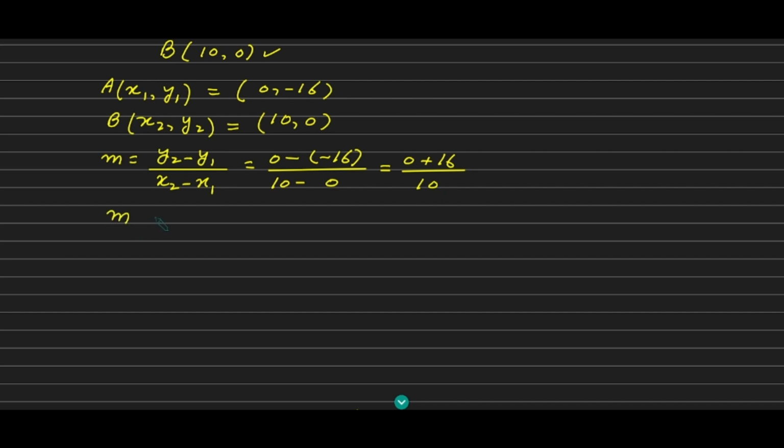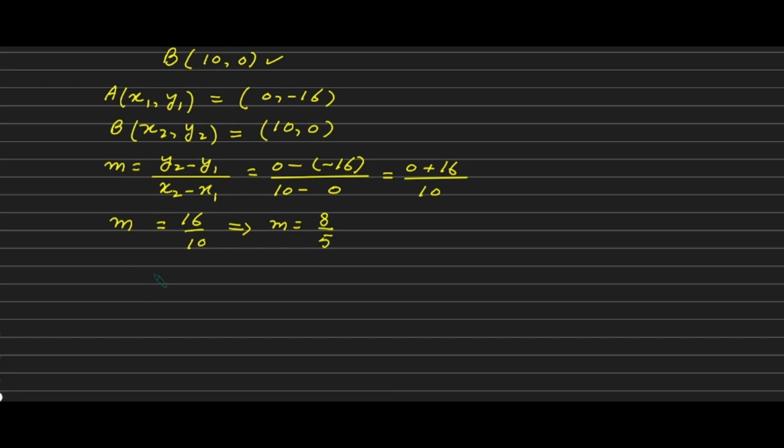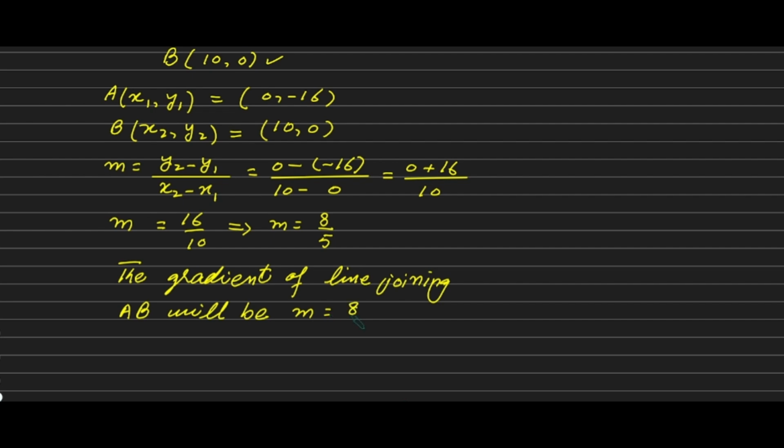So m will be 16 over 10, or 8 by 5. This is the required gradient. The gradient of AB will be m equal to 8 over 5.